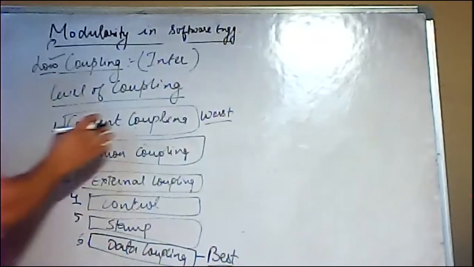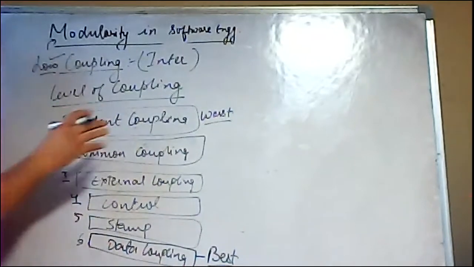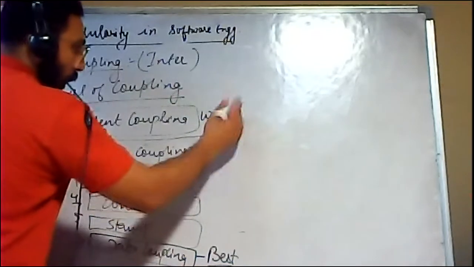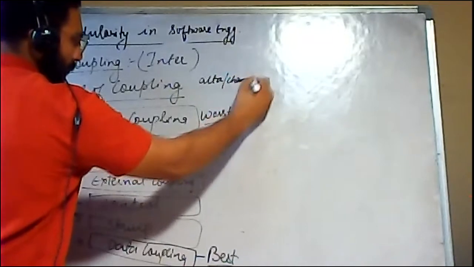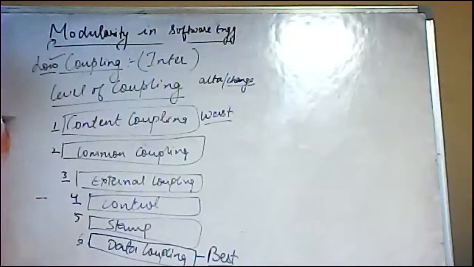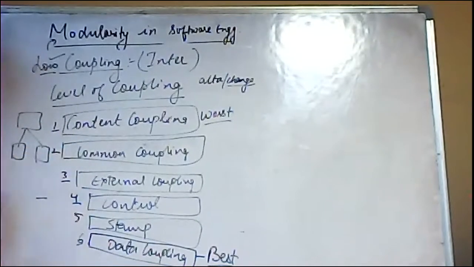Why is it so? I'm talking about content coupling now. I am drawing a diagram here. Coupling means dependency of two modules on each other.